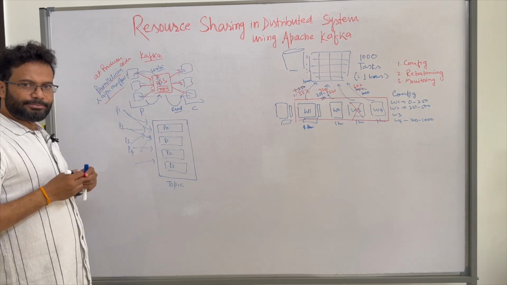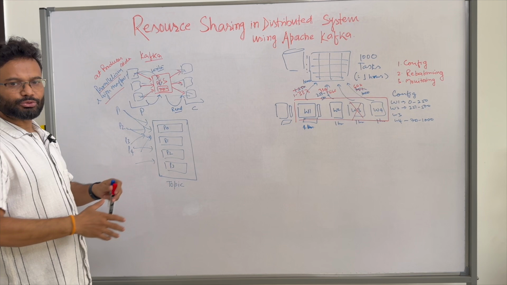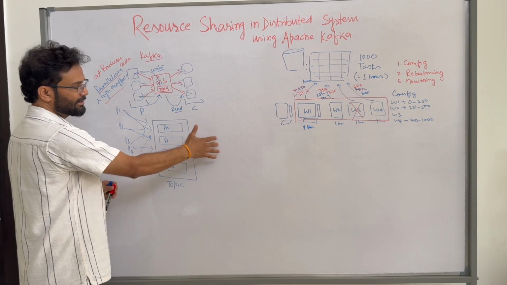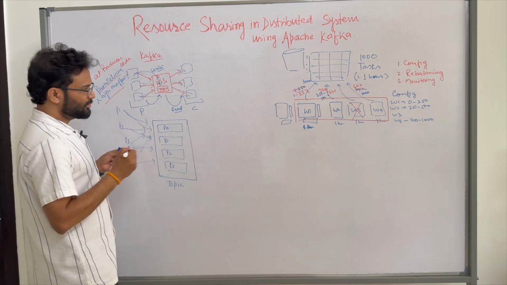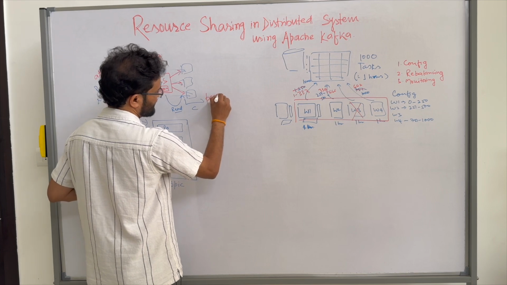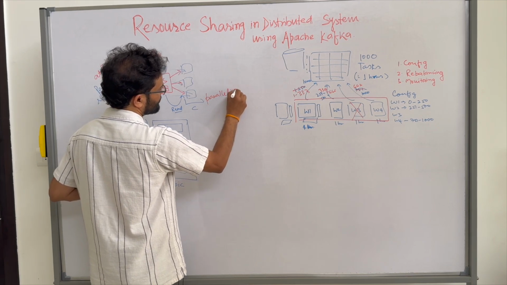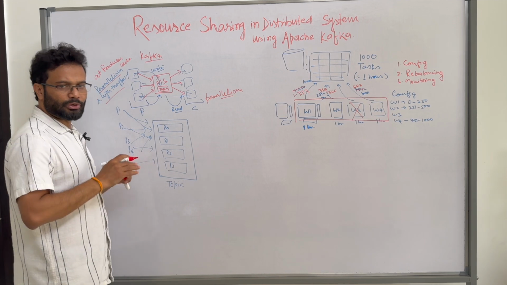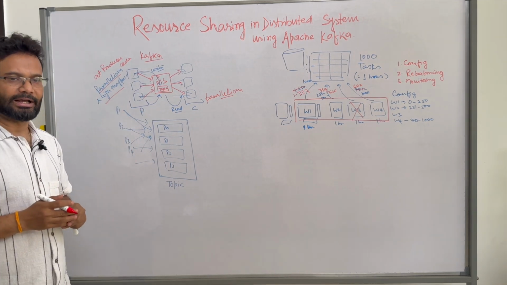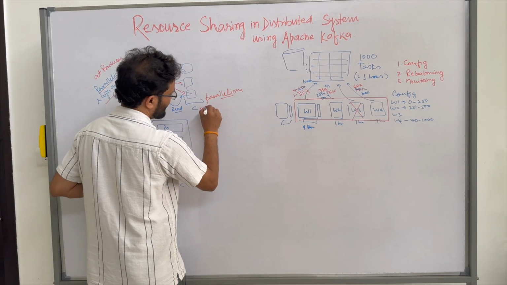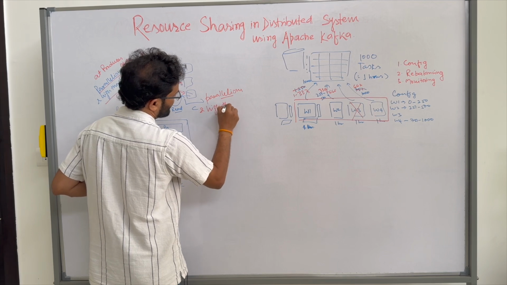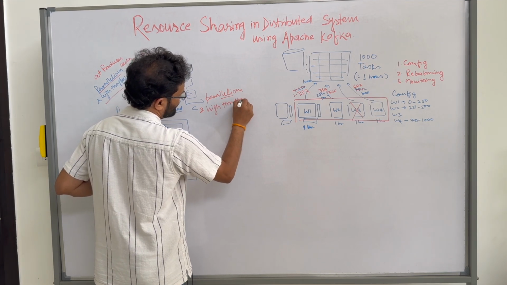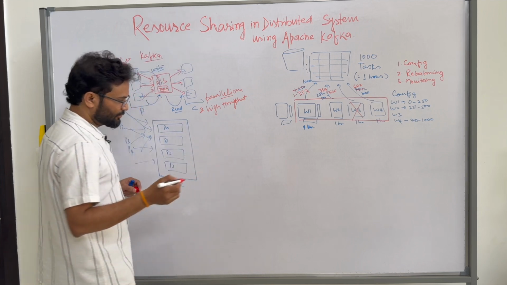Now, if you're sending the data to the topic at so much speed, then on the consumer side also we should achieve the parallelism. Otherwise, your complete end-to-end throughput will not be high. So to make the parallelism and high throughput on the consumer side, you also have to do something on the consumer side.